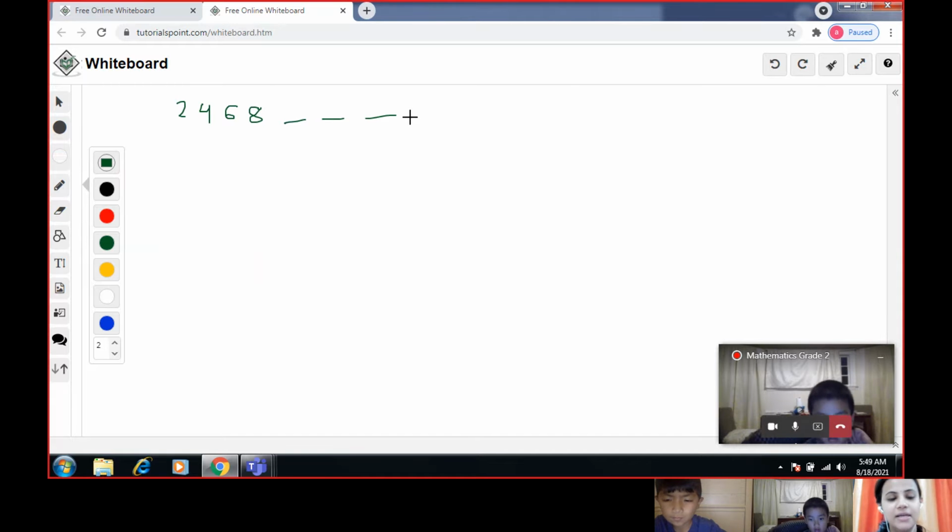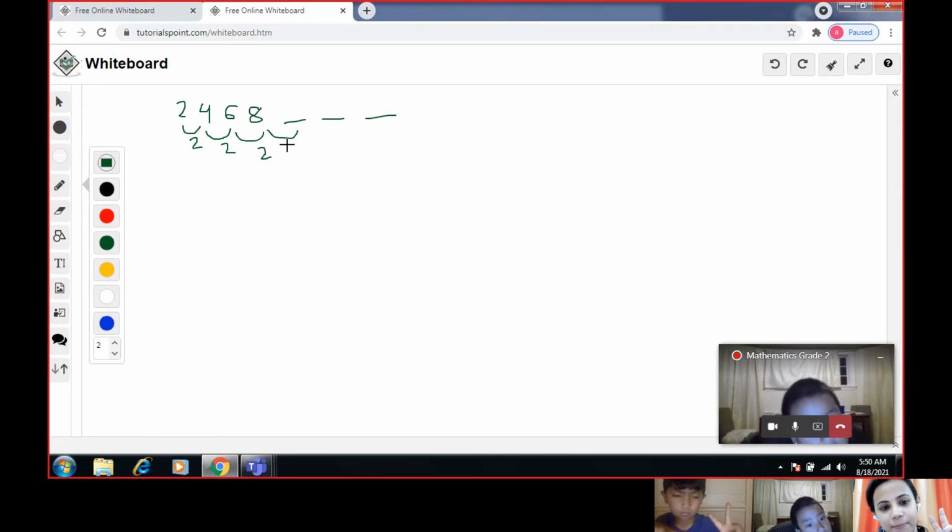Everyone see here. This is another pattern. The difference is 2. After 2 fingers, 4. Again the same fingers, 6. Again the same fingers, 8. 2 fingers, 2 fingers, and 2 fingers. Here the same fingers are there.